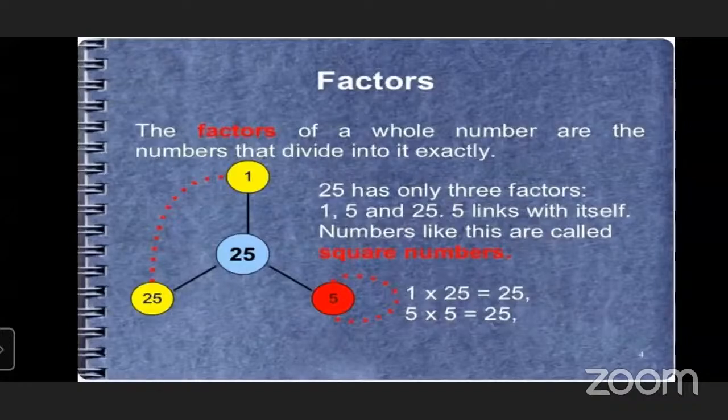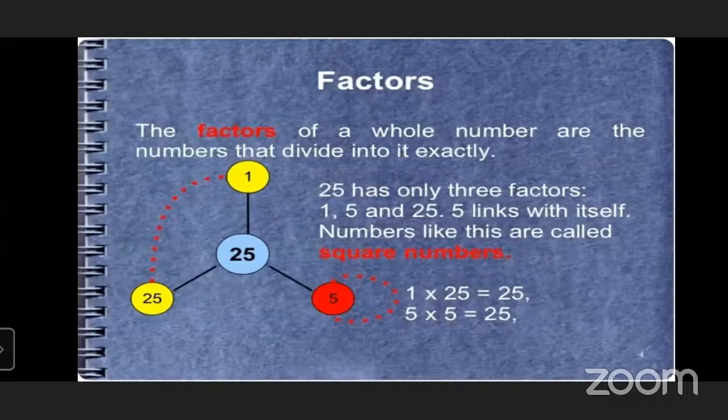Now see here, when we multiply 5 by itself, it gives us 25. So numbers like this are called square numbers.